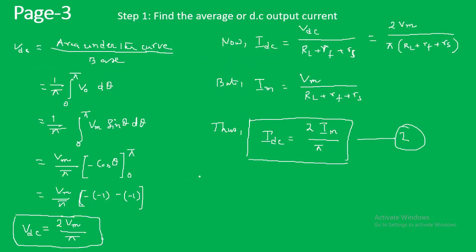Here I have taken the integration from 0 to pi of V naught with respect to theta. Here we substitute the value of V naught.